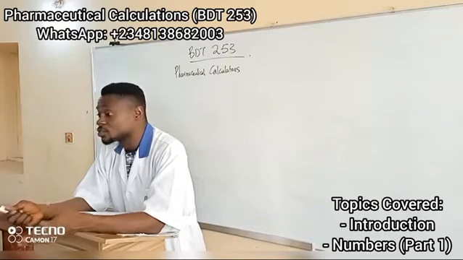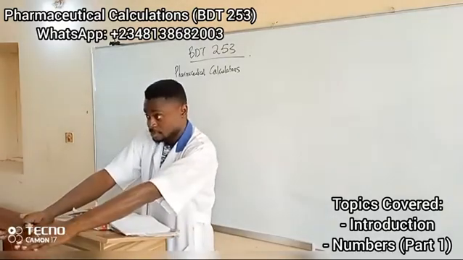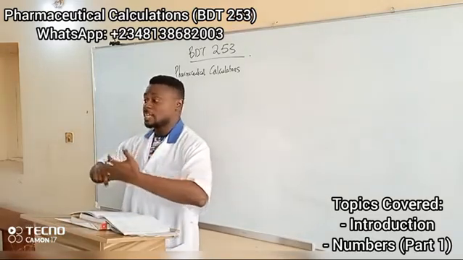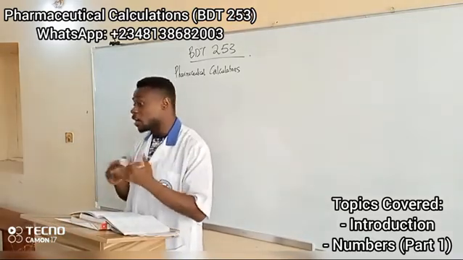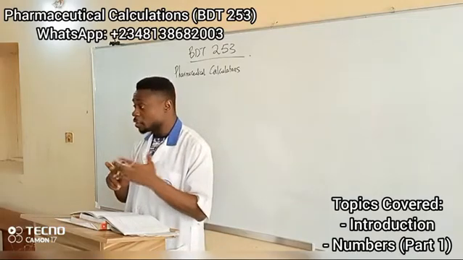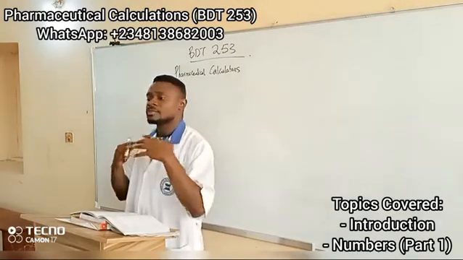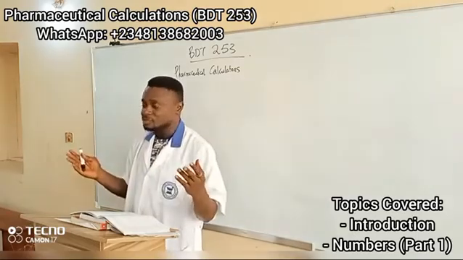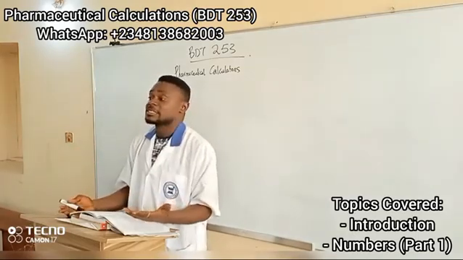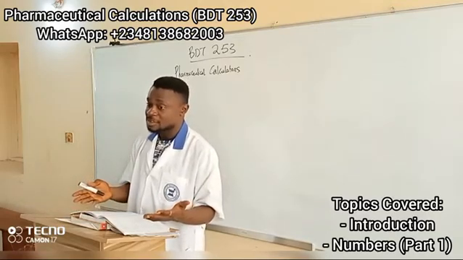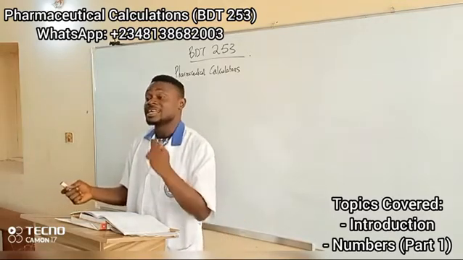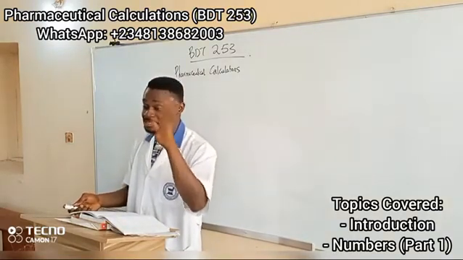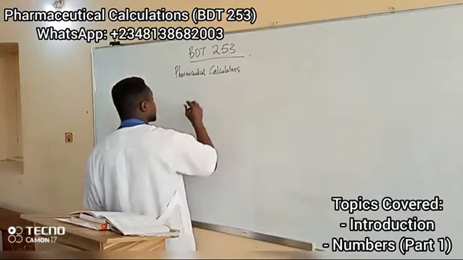At your level, as a pharmacy technician or a pharmacist, working in hospital or community pharmacy, the basic mathematical operations you need to be able to dispense, formulate, or compound medicine are the four basic mathematical operations, which are what?